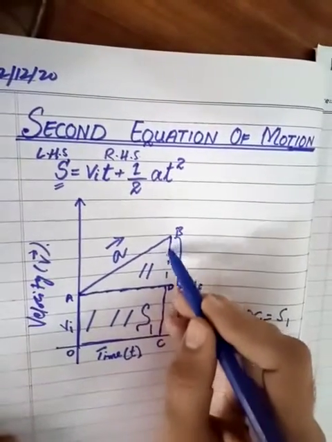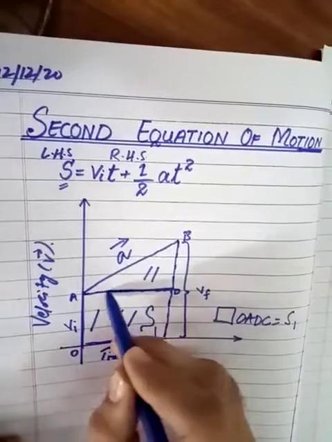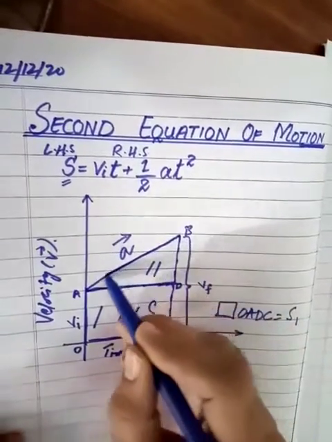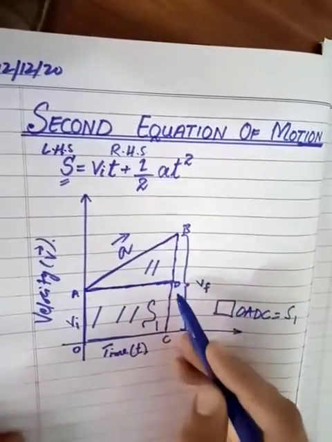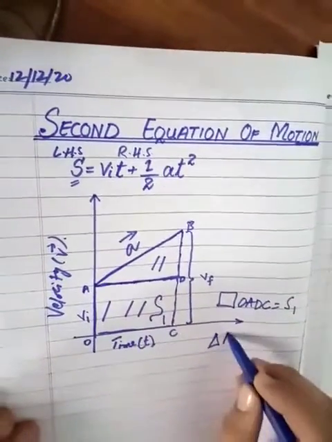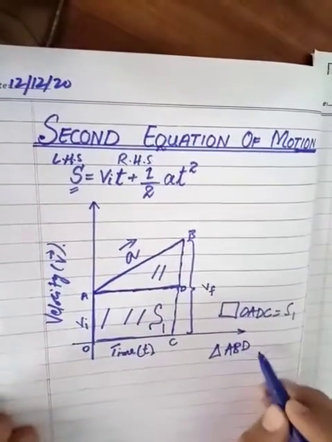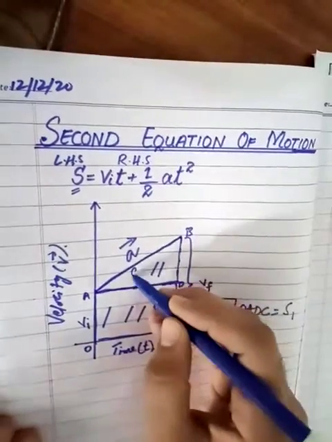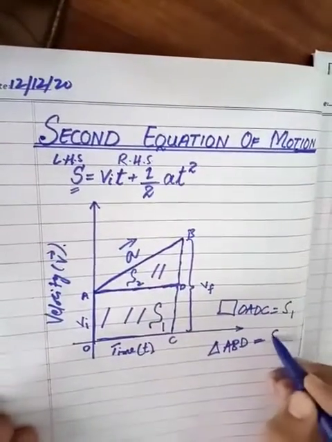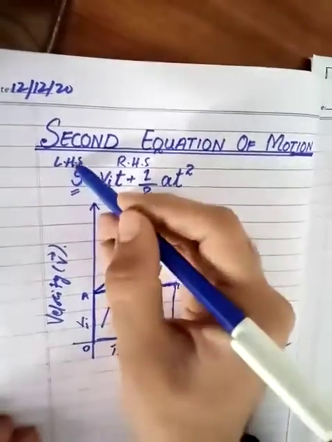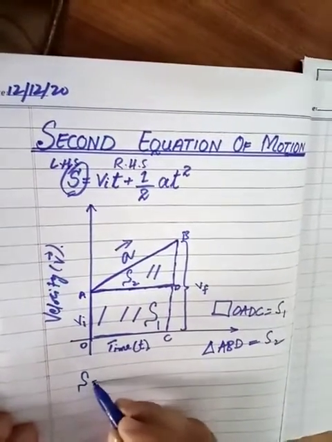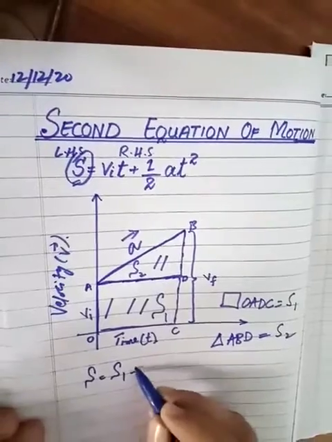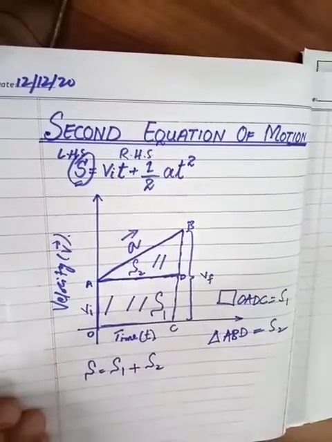And here you can see another triangle, the triangle ABD, which is equal to distance 2, S2. So the total distance S we can write as S is equal to S1 plus S2.